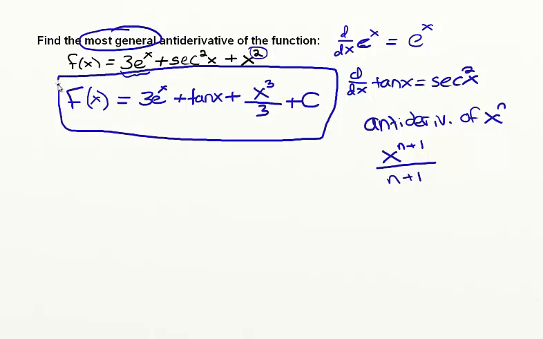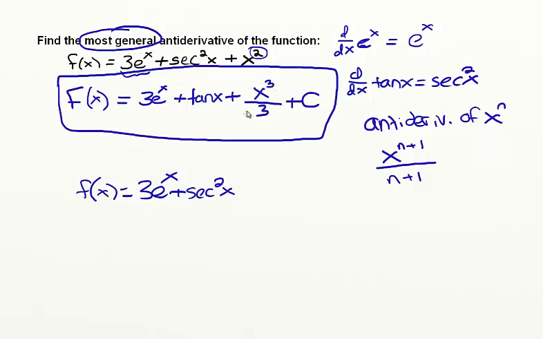Now, if we wanted to, we could check this by taking the derivative and seeing if we get little f of x back. The derivative of capital F of x is little f of x. The derivative of 3e to the x is 3e to the x. The derivative of tangent is secant squared.